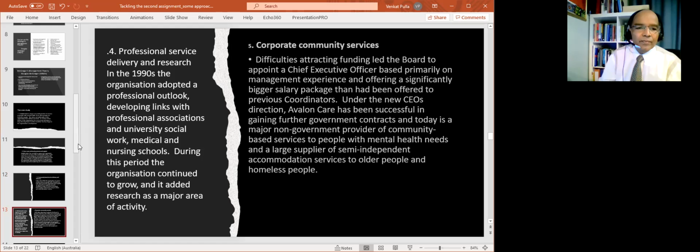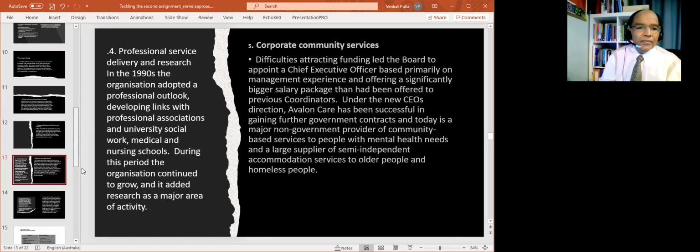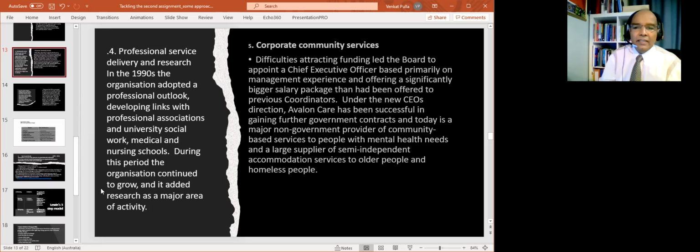And so, a professional service delivery and research center kind of came up. They were informed by research in the 90s. They managed to link with university social work, medical and nursing schools, the organization continued to grow, and major research activity began to come.